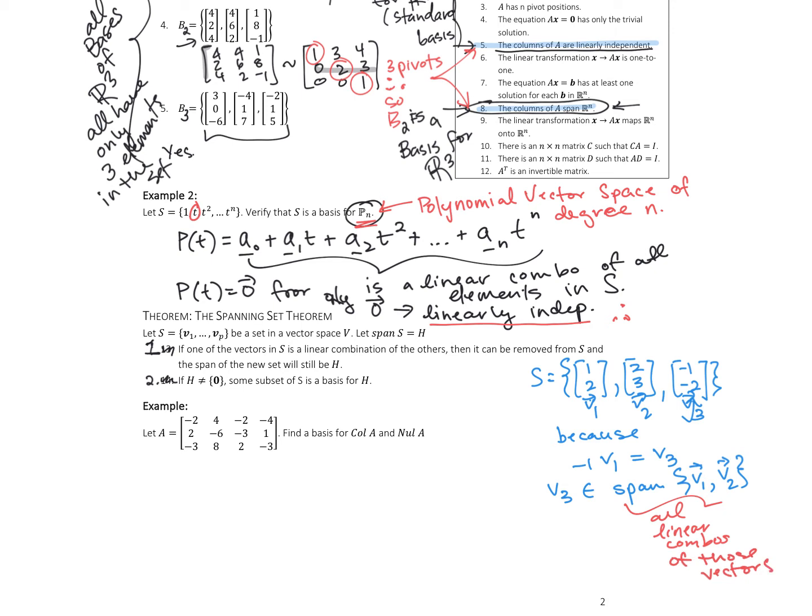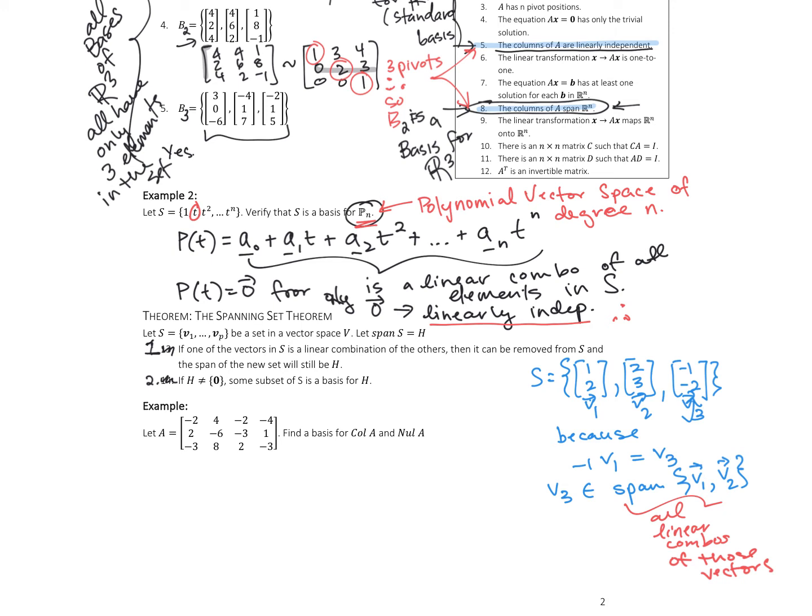So if I can show that one of my other vectors is a linear combination of the others, I can ditch it, and I can now express this as the span of a smaller set, and it still represents the same subspace, or the same vector space, right?